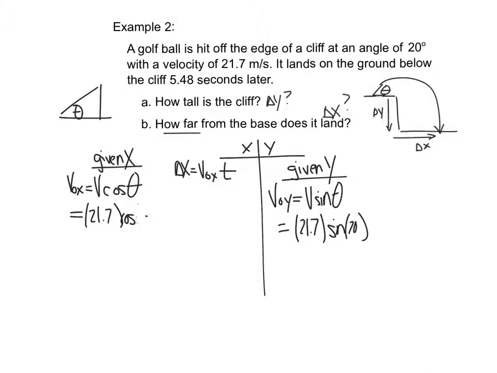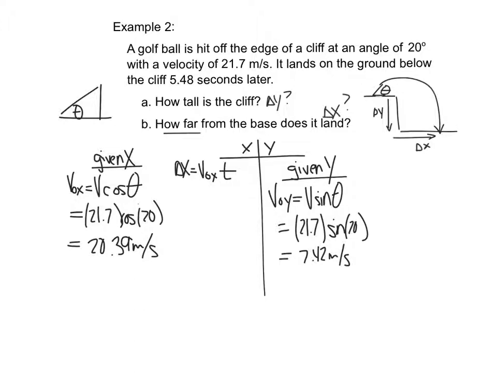Because 20 degrees is less than 45 degrees, what we should end up with is a number that is bigger in the x direction than in the y direction, which is what we get when we plug this in. I got 20.39 meters per second for my x, and I got 7.42 meters per second in the y.